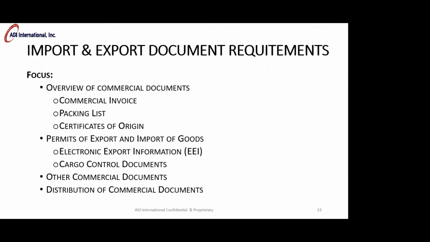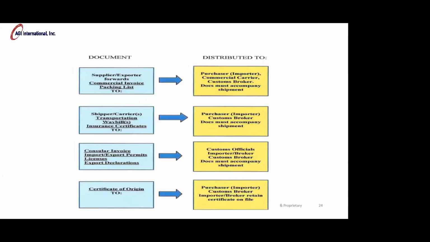There's the electronic export information, the EEI, and the electronic transfer of that information into databases. Cargo control documents are documents in the shipping containers that the shipping organization handles. Other commercial documents are distributed from the seller to the logistics companies, into the port, and then on to the end user. Okay, that's kind of how that works.